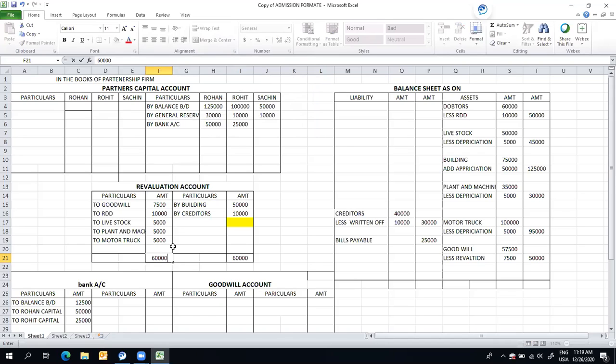Yes, I'm correct. Now divide this 27,500 among Rohan, Rohit, and Sachin in their profit sharing ratio. Come on.